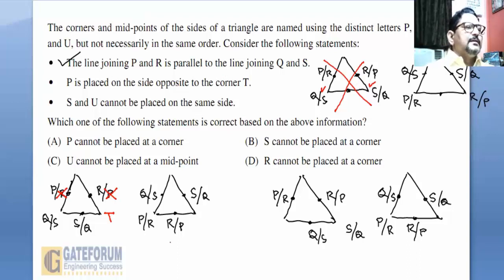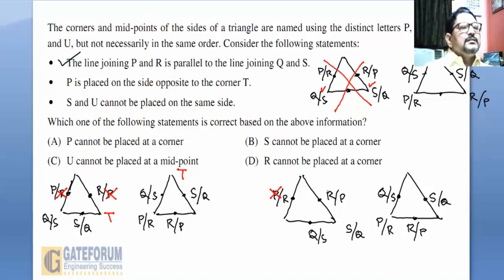Now here, see, had P been here, I mean here also you can say that P can be here. It's straightforward more or less. See, P is on the side opposite to T. Whether it is on this or here, it's the same case. Now in this scenario, see, P can never be here because then opposite to P, T would have been positioned, but here there is either S or Q sitting.